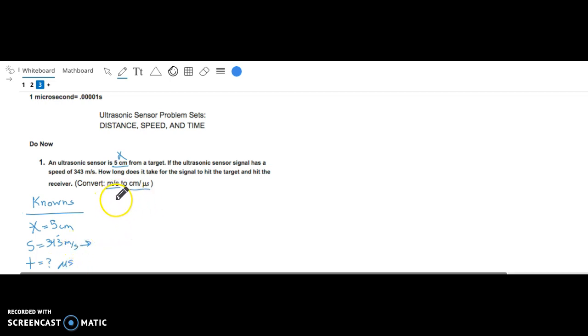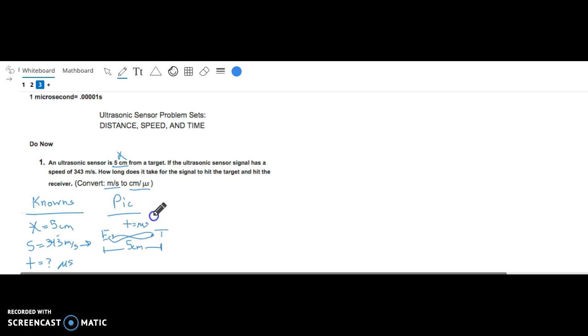Okay, so next we're going to do our picture. So we have our emitter, we have our target. The distance between the two is 5 centimeters. And we want to figure out how long it takes in microseconds for the wave to go from the emitter to the target and from the target to the emitter.